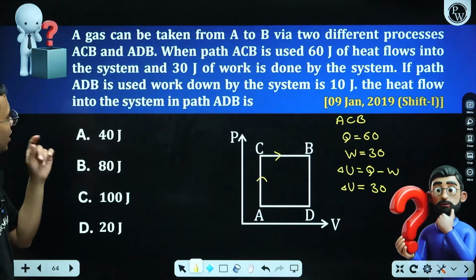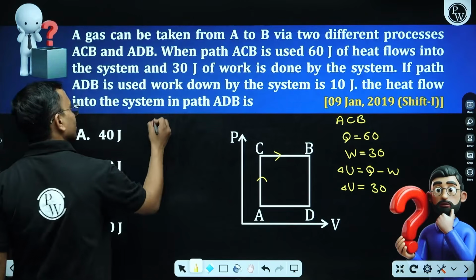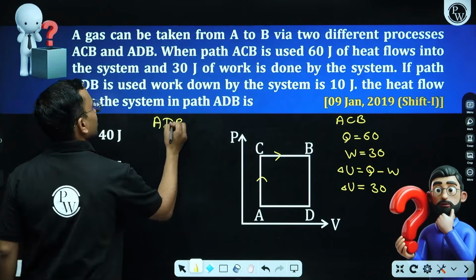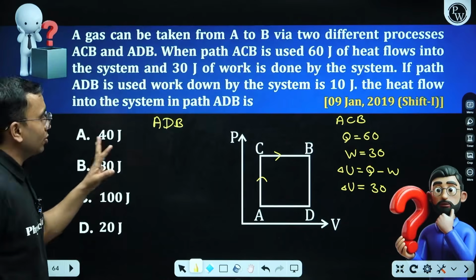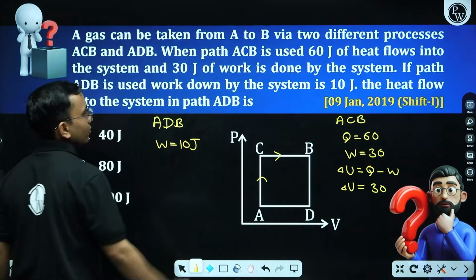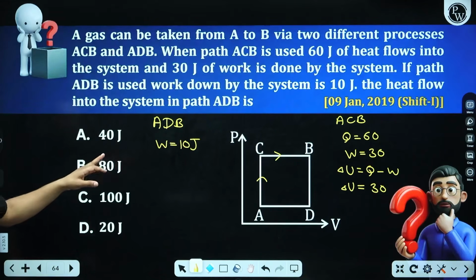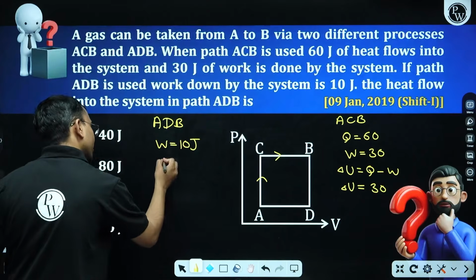Now, if path ADB is used, work done by the system is 10 joules. The heat flow into the system in path ADB, what is Q?